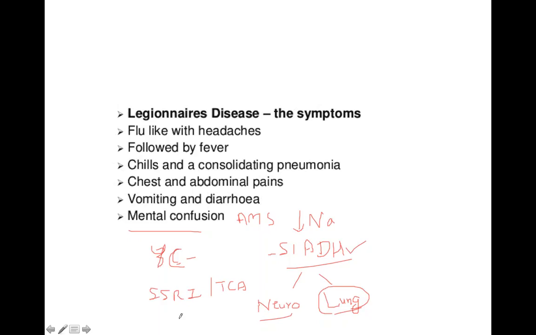So mainly in case of pneumonia, it's Legionella pneumonia that causes SIADH.